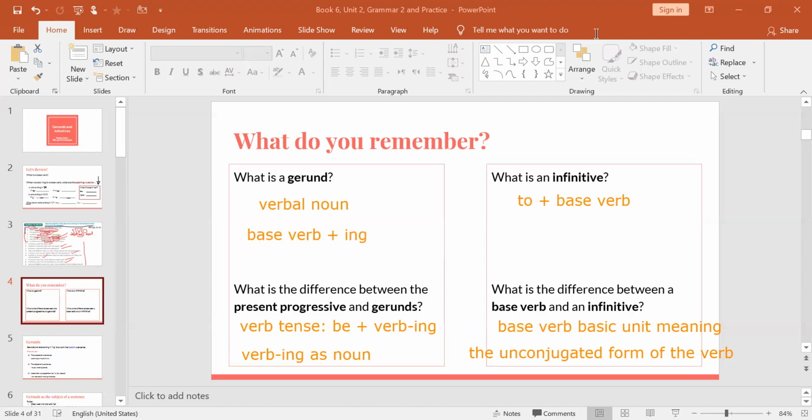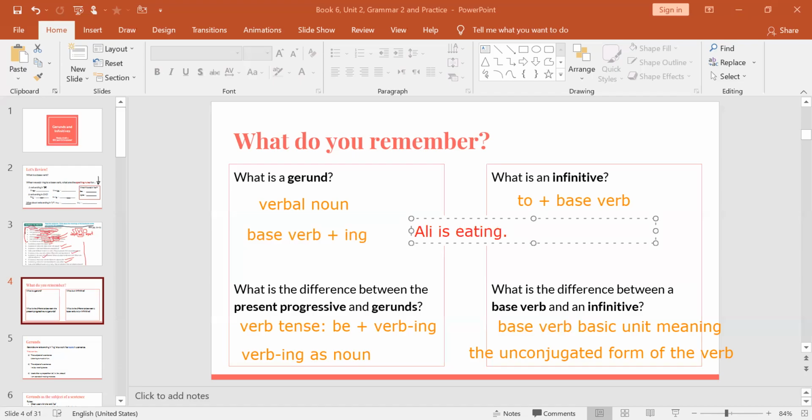So what's the difference between present progressive and gerund? I'll give you a sentence here. You can say Ali is eating.